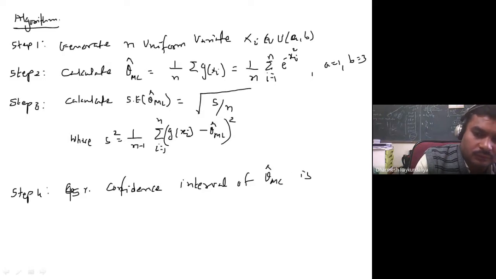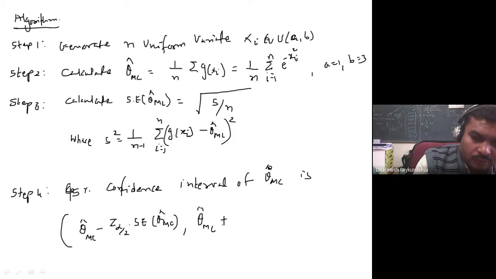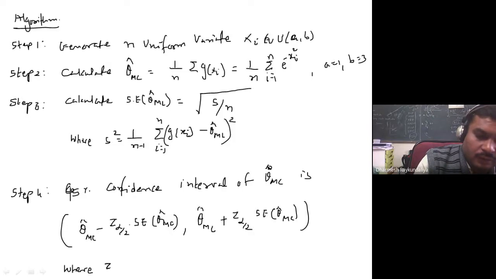The lower limit is theta cap mc minus z alpha by 2 into the standard error of theta cap mc, and the upper limit is theta cap mc plus z alpha by 2 times the standard error of theta cap mc, where z alpha by 2 is the alpha by 2th percentile of the standard normal distribution.